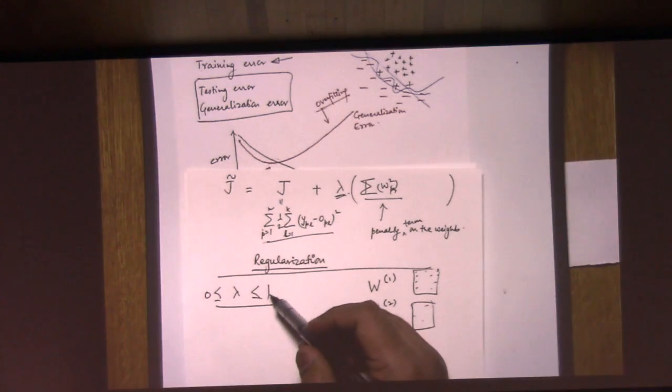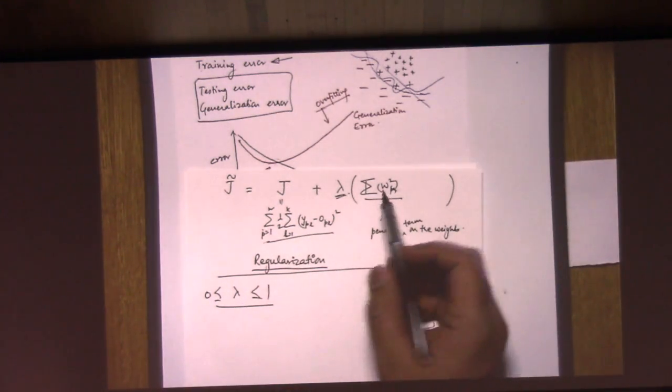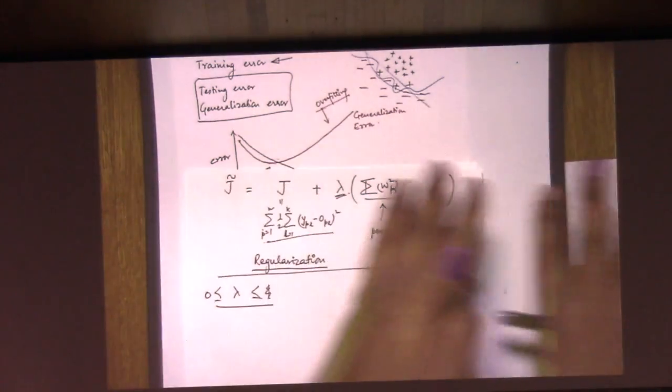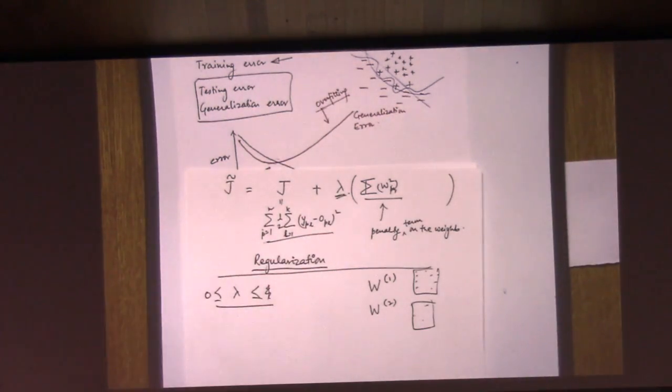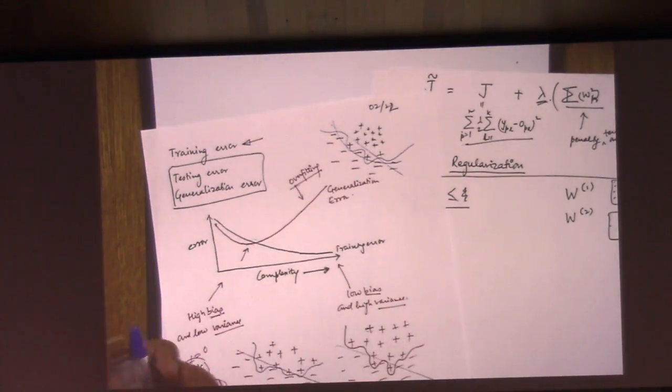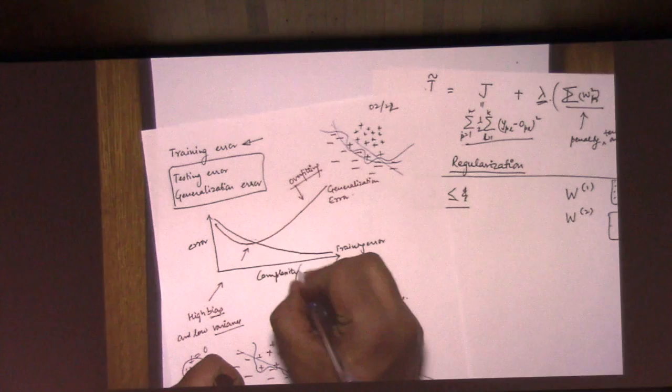If you set lambda to very high, well, lambda can be anything actually. So that means you're preferring a simpler solution. So in some sense, in that case, lambda essentially is this complexity parameter, right?